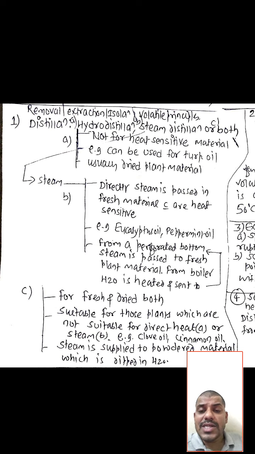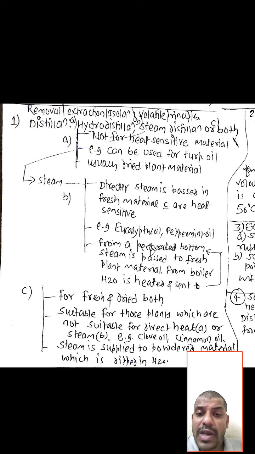Second is steam distillation. What we do in this, directly steam is passed, steam is prepared separately, then this ready to use steam is supplied to the plant material, which is kept in a vessel without any water. So it can be used for heat sensitive material, unlike the first case.